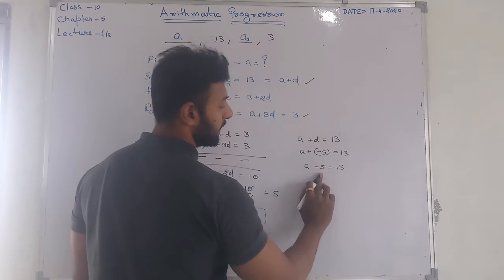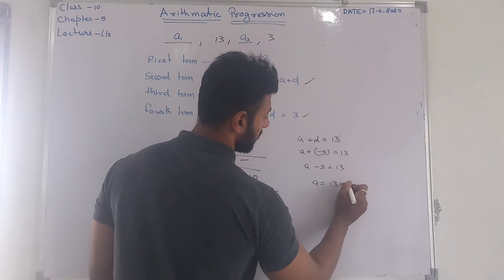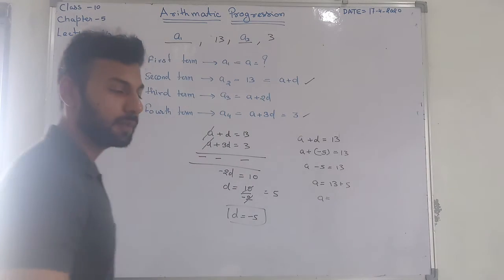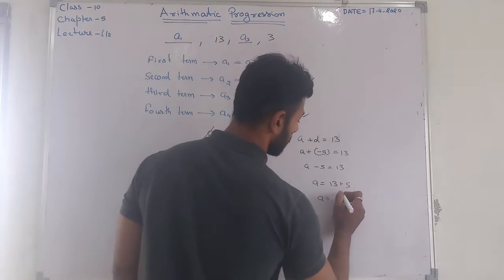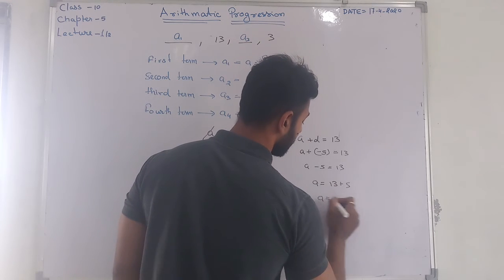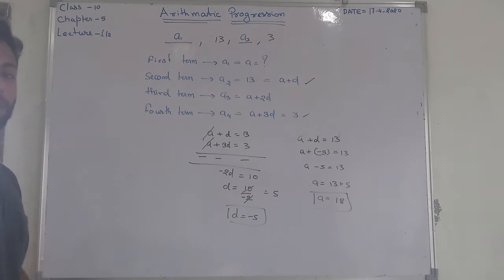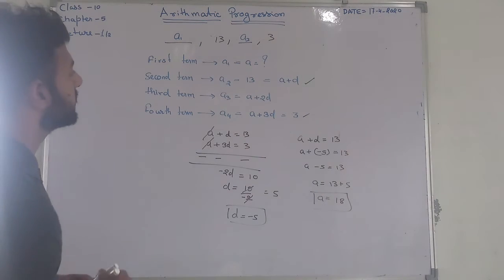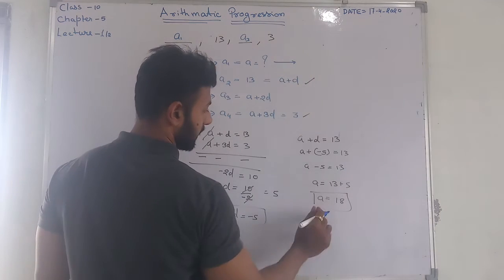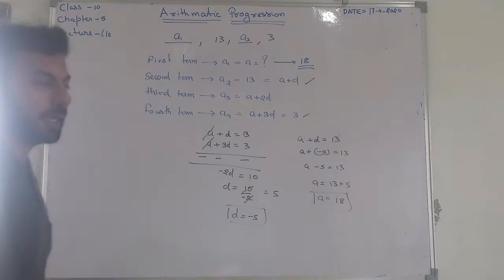Taking this minus 5 to the right hand side, a is equal to 13 plus 5, which will be 18. So a is equal to 18 and d is equal to minus 5. So A1 is a, A1 is a, so a is 18. So the missing term is 18.